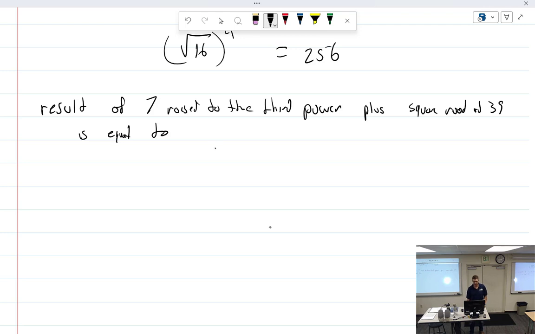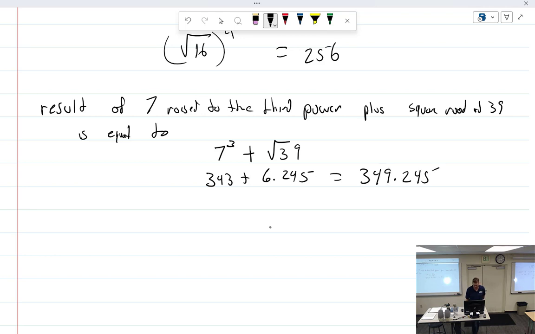Just give me a second. 7 to the 3rd power plus the square root of 39, which is 343 plus 6.245. Which equals how much? 349.245.